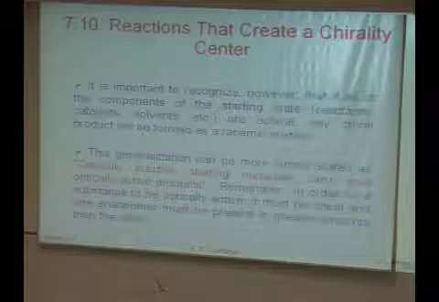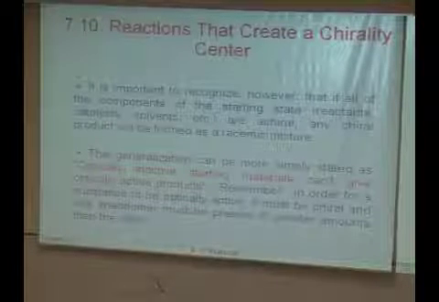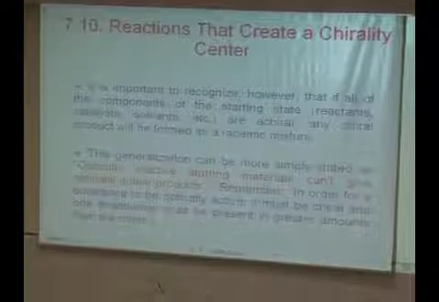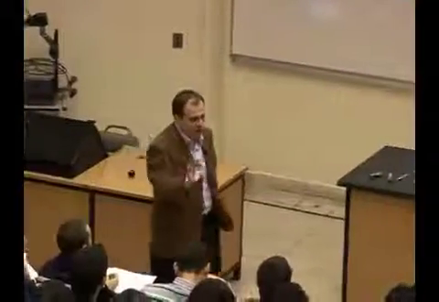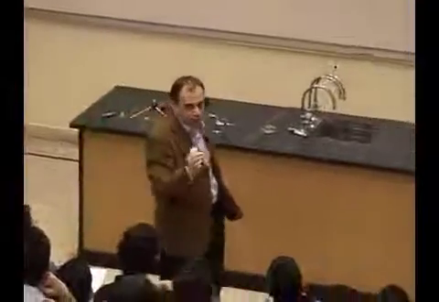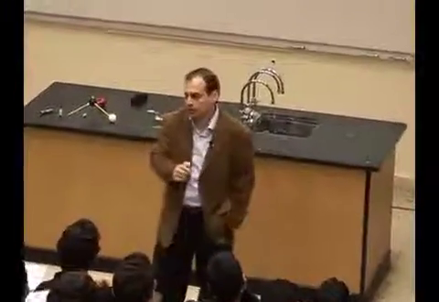With that, we are going to talk about reactions that create a chirality center. And we are going to start from a very important fact. Optically inactive starting materials cannot generate optically active products.